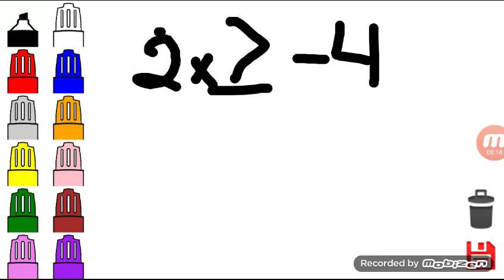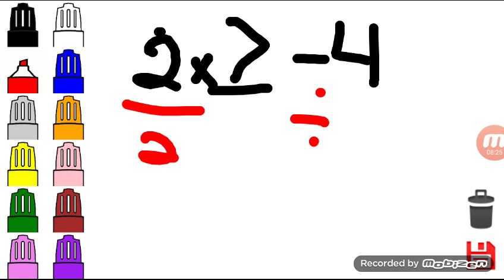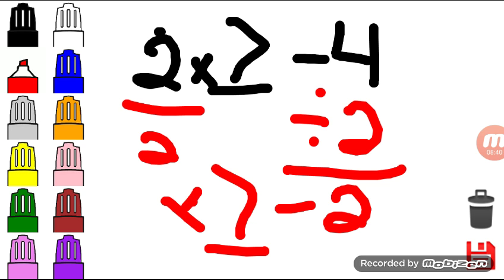Okay, so then you just do it like a normal problem. So we're gonna divide by 2, and that would give us, or no, that'd give us -2. And then we'd have greater than or equal to. So x is greater than or equal to -2. And that's how you solve a two-step inequality.